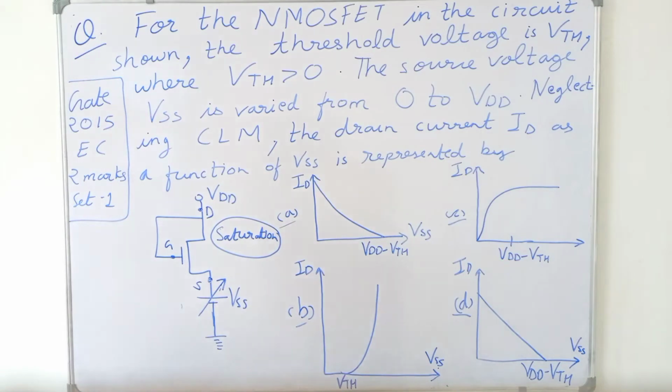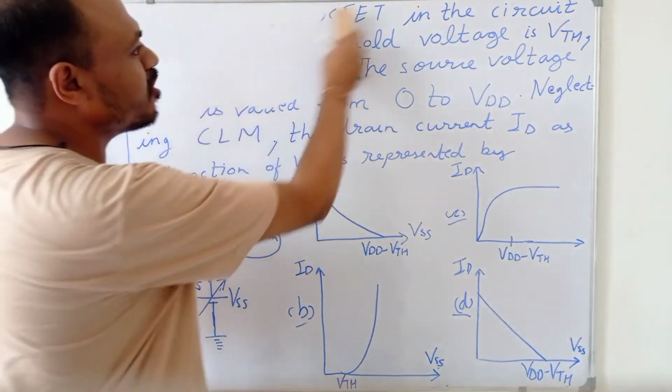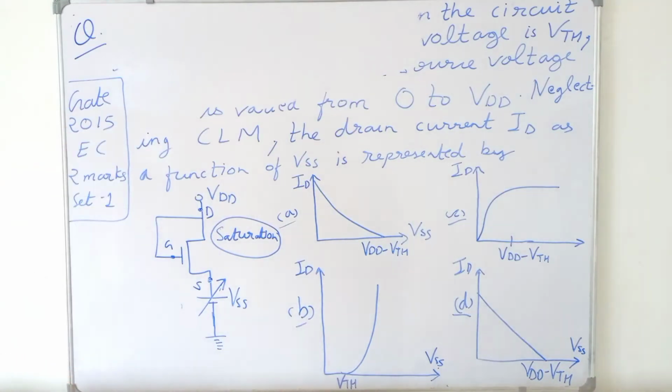So we have to find the drain current ID as a function of VSS. Let me remove this part to write a formula. Remember, this source voltage is varied from 0 to VDD.